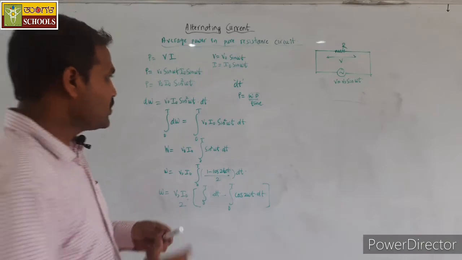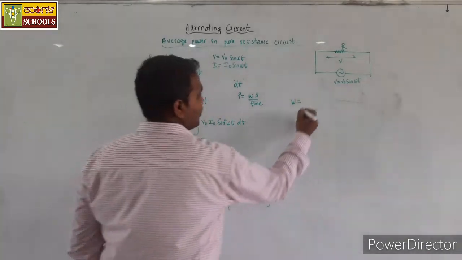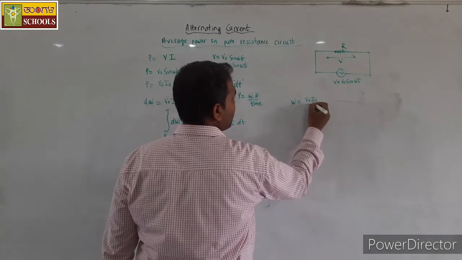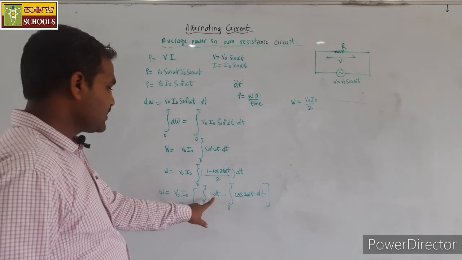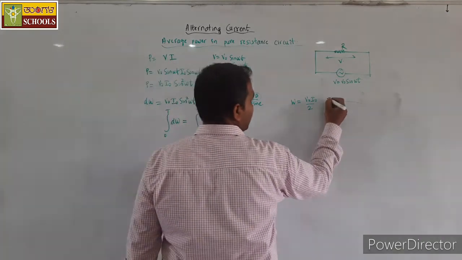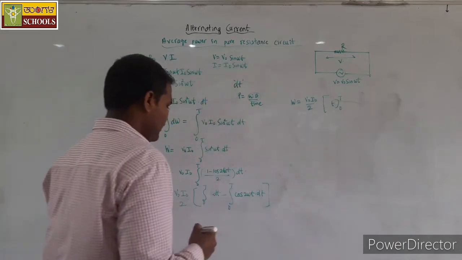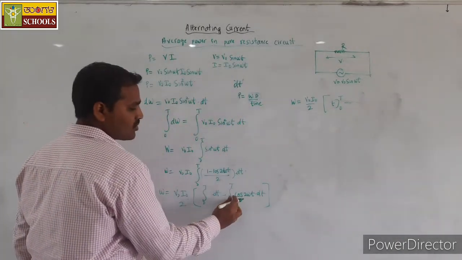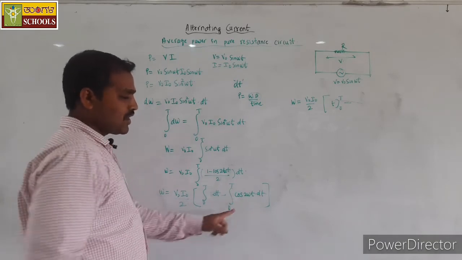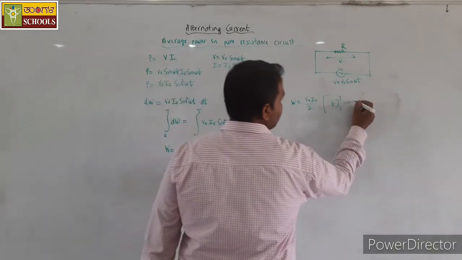I will get W is equal to V naught into I naught divided by 2, integration of 1 is nothing but t between the limits 0 to capital T, minus the integration of cos 2 omega t. This is simple harmonic motion, so the integration of cos 2 omega t over a cycle is equal to 0.